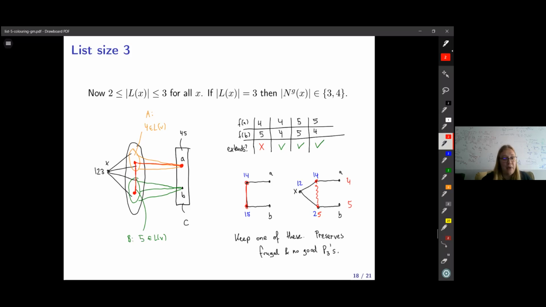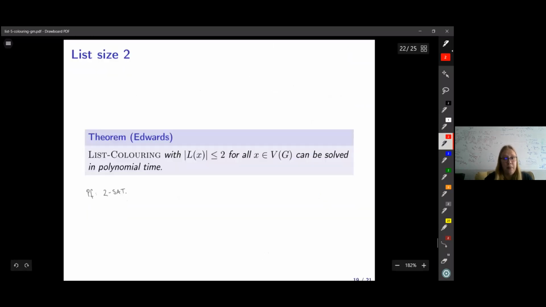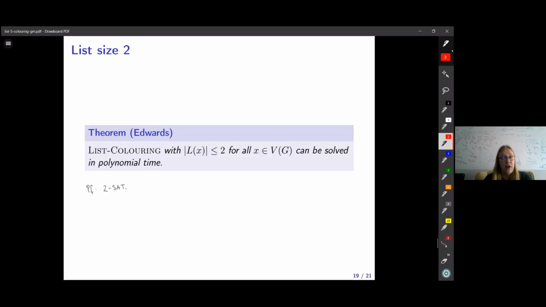So last step, all lists have size 2 now, right? List size 5 and 4 went away 2 slides ago. This killed list size 3, and now it's really list size 2. But list coloring of all lists of size at most 2 can be solved in polynomial time because it's 2-SAT. Which is basically just saying the way you get conflicts is you try some color for a vertex and either you get a conflict immediately by propagating or it will never give you a problem ever.